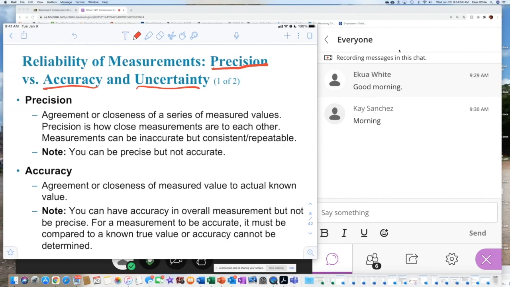And before I continue, does anybody know what precision is before you read this statement right here? We do have statements right here from the author, but I want to know if you guys had experience with learning about precision or accuracy in your previous chemistry classes. Has anybody learned about precision before? And if you have, good. What do you know precision to be versus accuracy?